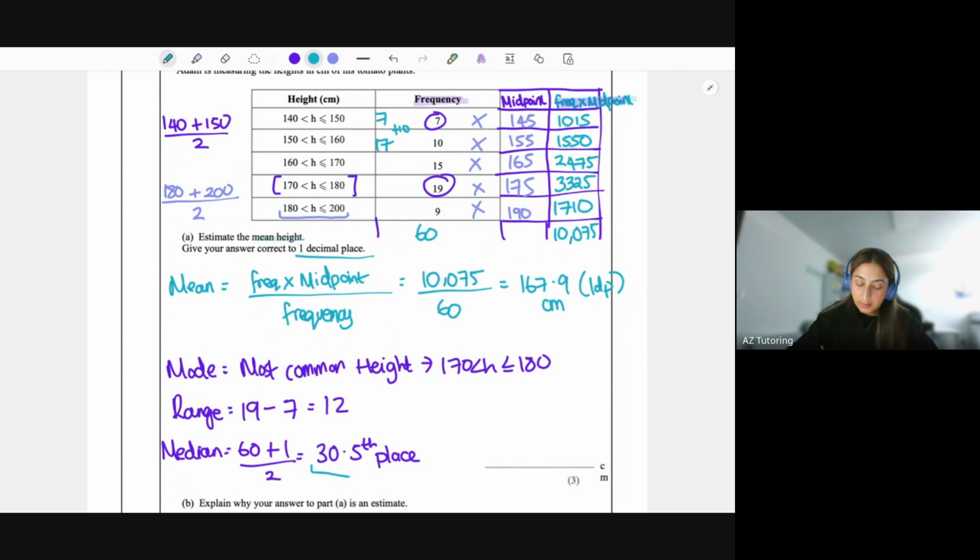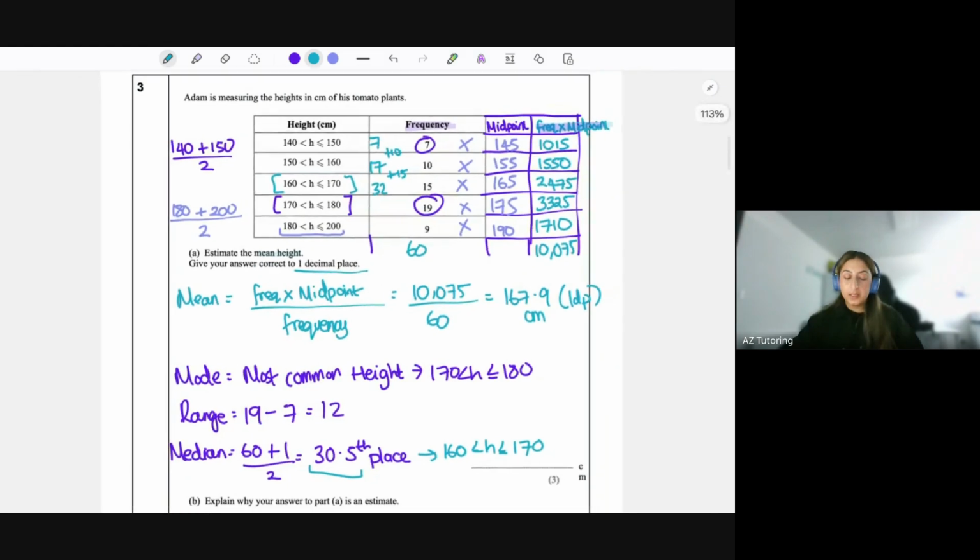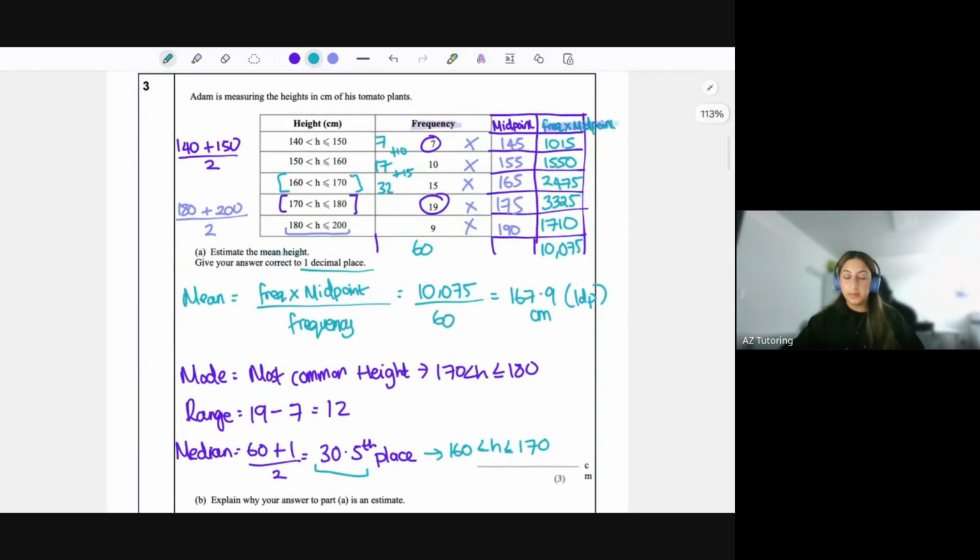We need to get to 30.5. And then 17 plus 15 is 32. And 30.5 lies here. So the median would lie in the 160 to 170 group. That's how you calculate all 4 averages from your frequency table.